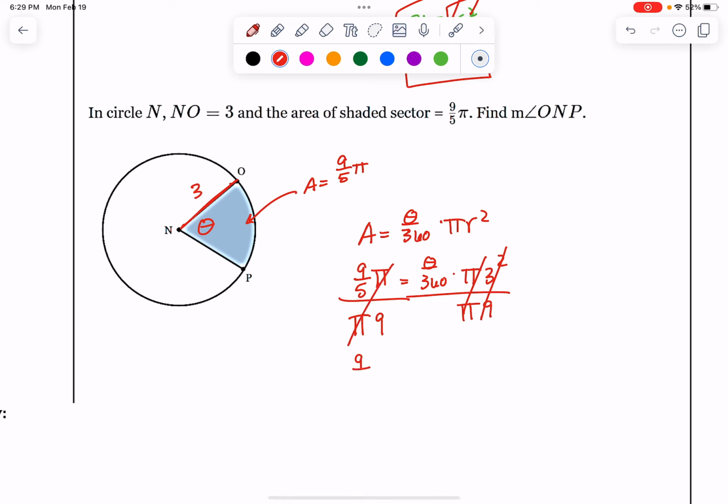So that I have 9 over 5 all over 9 equals theta over 360. And we're going to multiply both sides by 360 to eliminate my denominator. So that I get that theta equals 72 degrees.